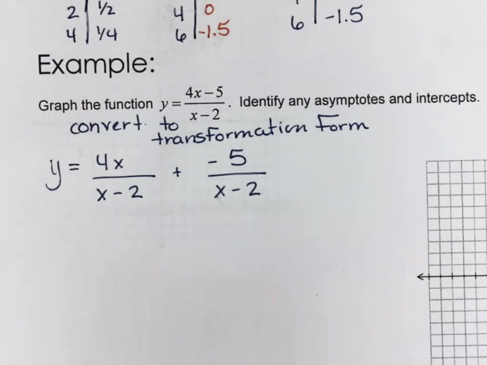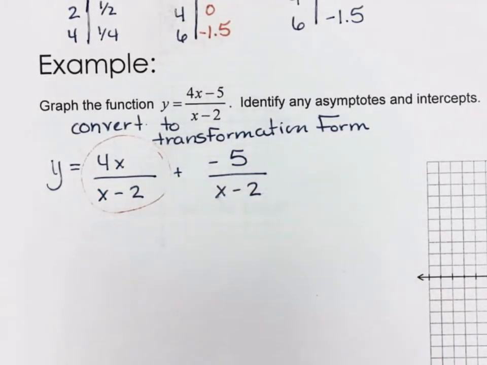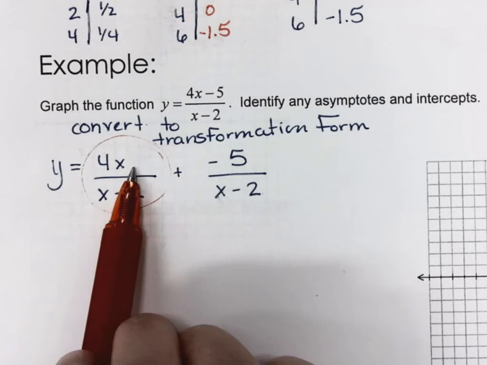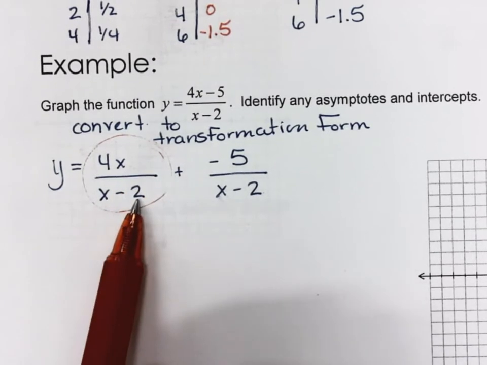All right, so I need you to look at this first one here with the x. My goal is to get rid of the denominator. So I got to figure out what constant I need to add to the numerator or subtract in order to eliminate the denominator.